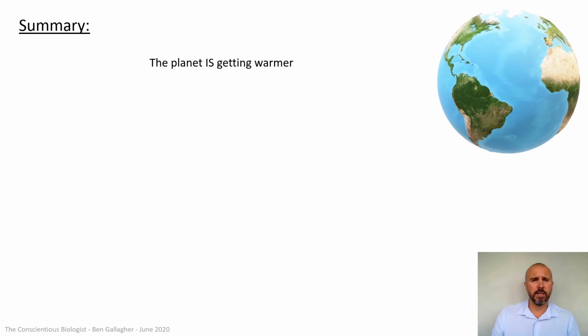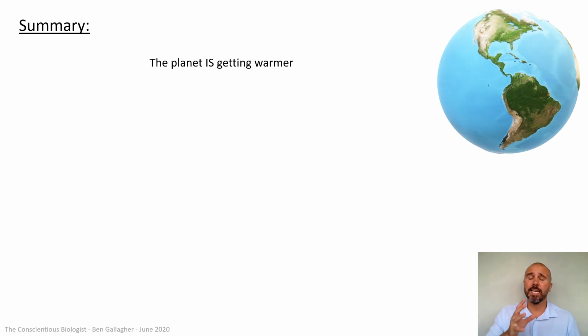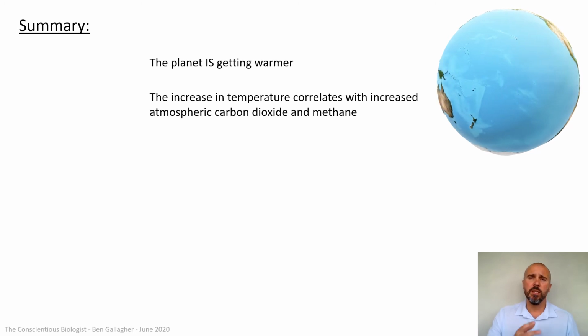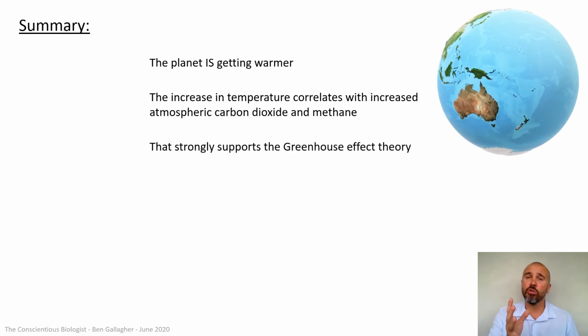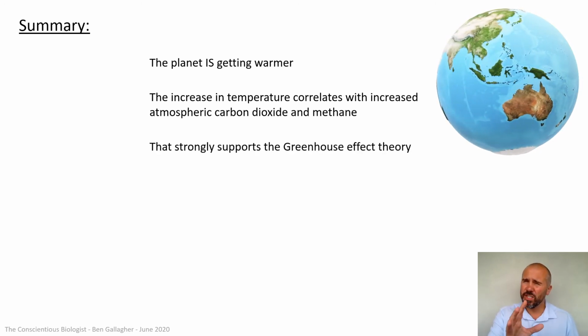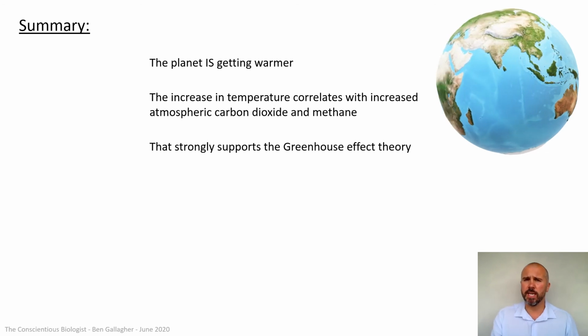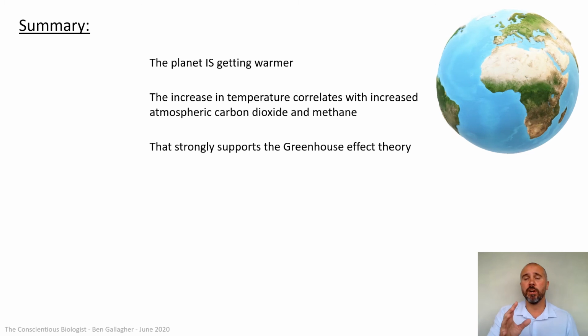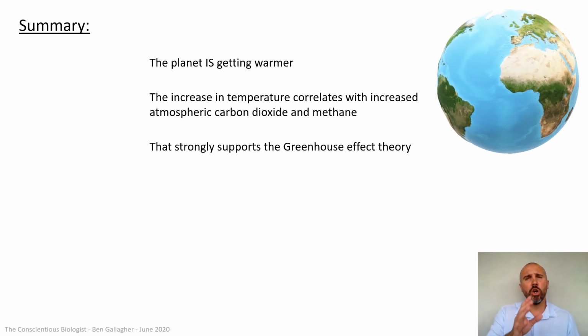So let's start on the obvious point. The planet is getting warmer. You've seen the data for that. The increase in temperature correlates, and note I use the word correlates there, I'll explain why in a second, with increased atmospheric carbon dioxide and methane. Correlates because we can't say 100% directly that increased carbon dioxide causes global warming.